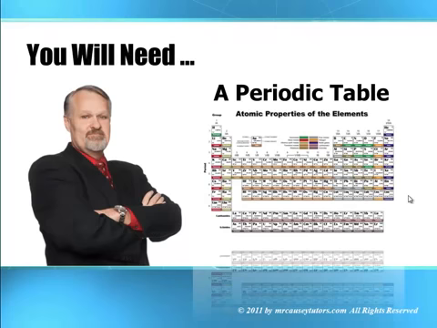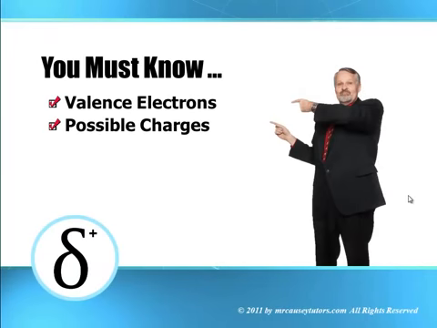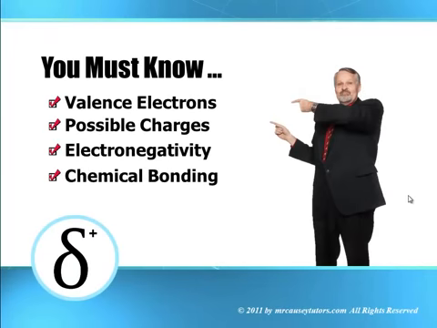As usual, you'll need a periodic table, and you must know valence electrons, possible charges, electronegativity, chemical bonding, and molecular shapes. And if you haven't got any of these down, then be sure to go to Mr. Kazi's YouTube channel and watch some of the other lessons on these very topics.